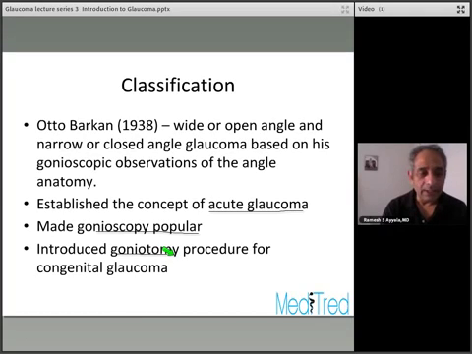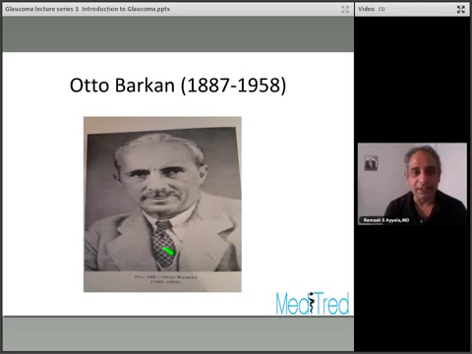And so I think I need to show you a picture of Barkan, because no lecture on glaucoma will be complete without a picture of Barkan. This is Otto Barkan, 1887 to 1958, who practiced in Stanford, San Francisco. He is of Hungarian descent, as I understand, studied in Oxford, England, and practiced in Stanford, as I mentioned.